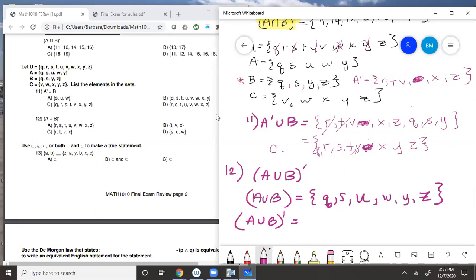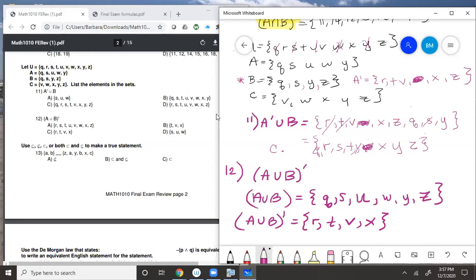So after Q, we have R, S, T, U, V, W, X. Which gives R, T, V, X, which is C.